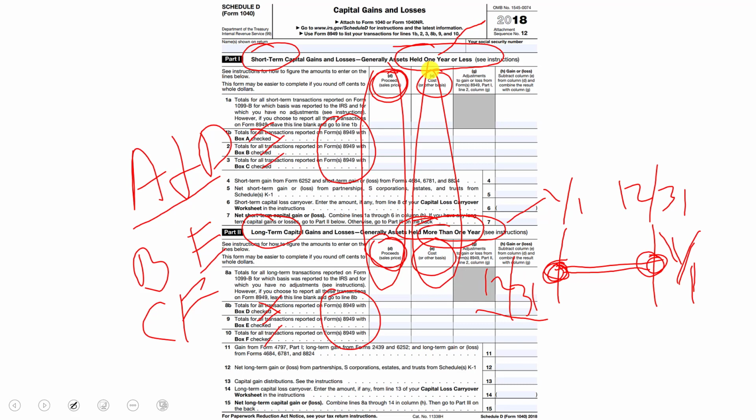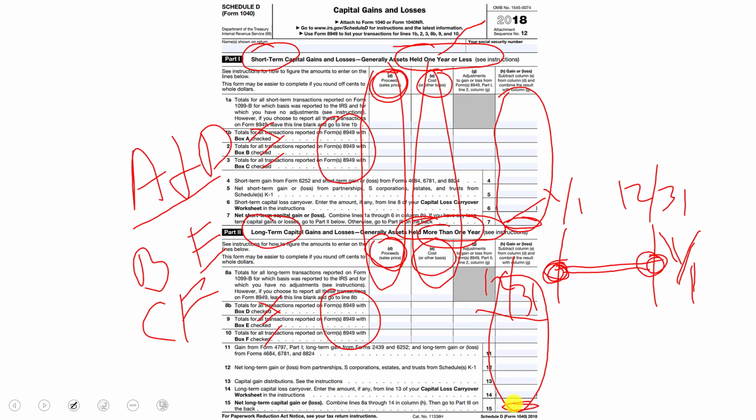We group the short-term gains and losses here to get a net short-term gain or loss, and we group all the long-term items over here at the bottom to get a net long-term gain or loss.